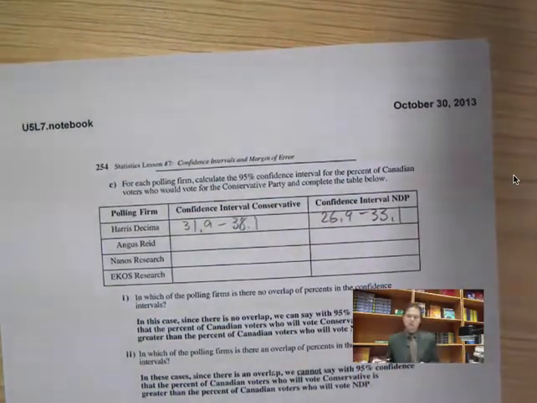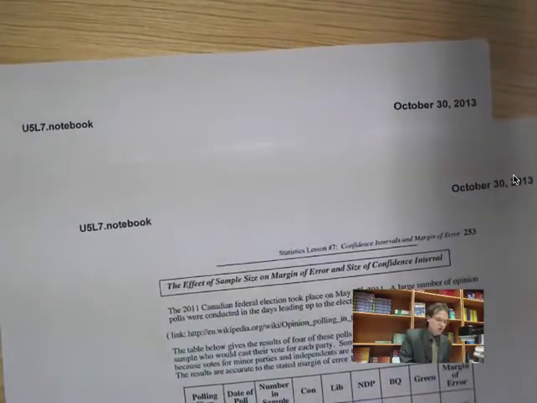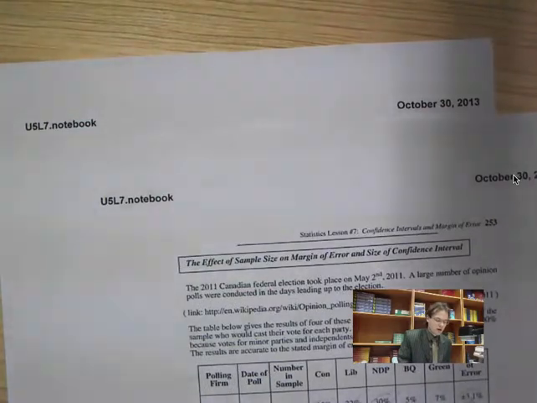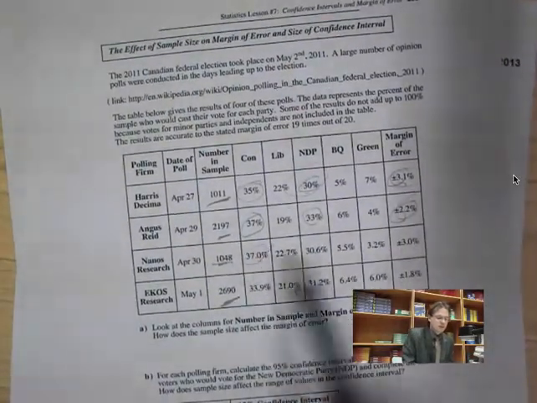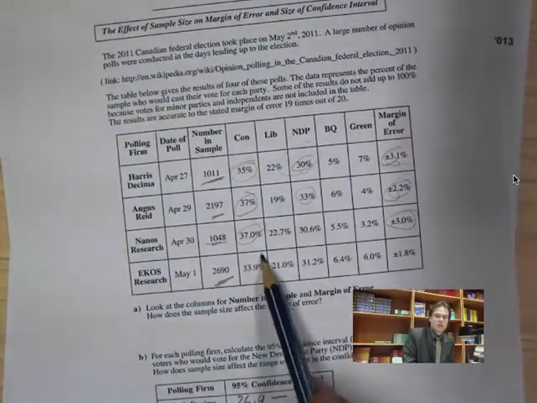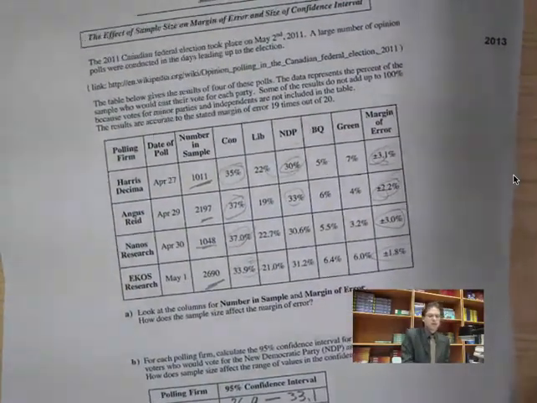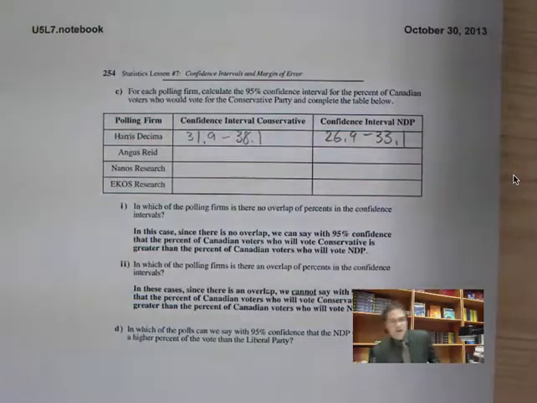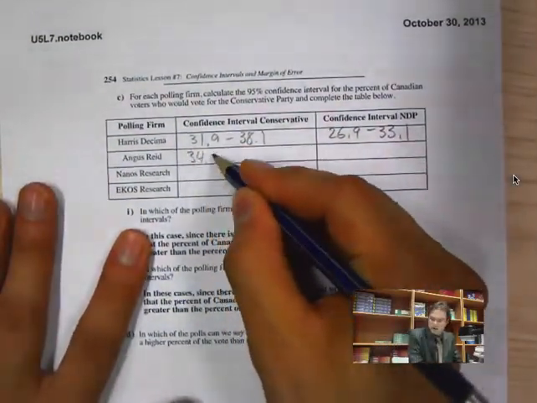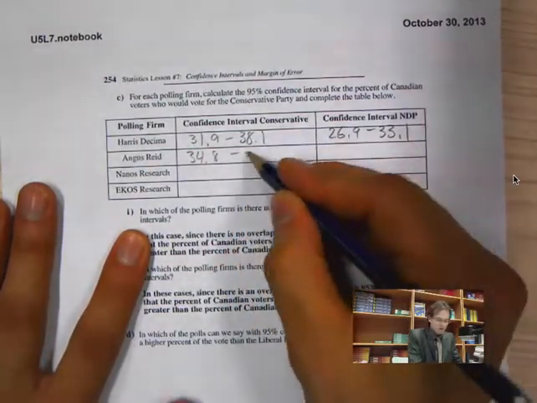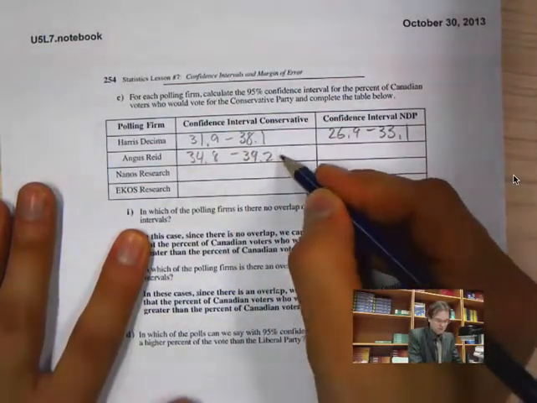So remember, we still have to go back to here and look. We know it's 30, and we need plus or minus 3.1. Next, we're doing Conservatives, 35 plus or minus 3.1. Next one's 37 plus or minus 2.2. Next one after that is 37 again, plus or minus 3. Then we're at 33.9, plus or minus 1.8. And what we end up getting is 34.8 all the way to 39.2.